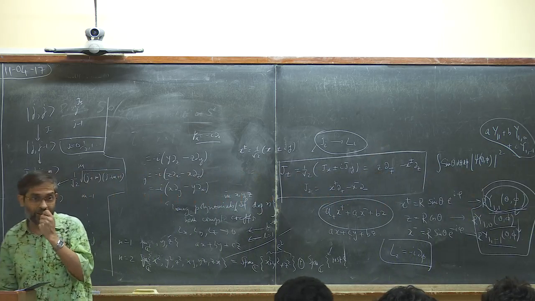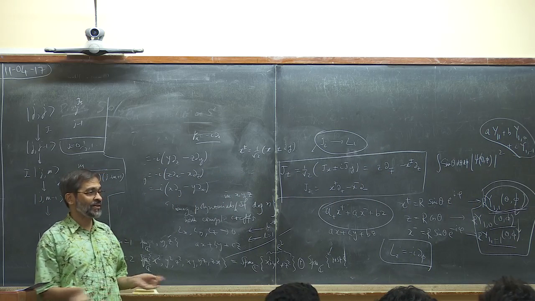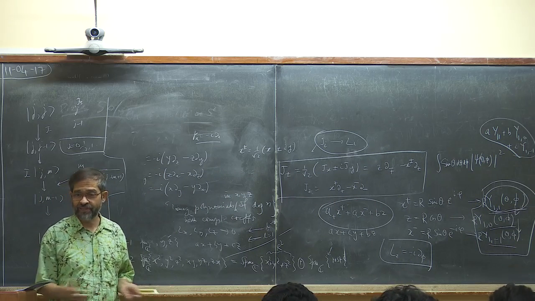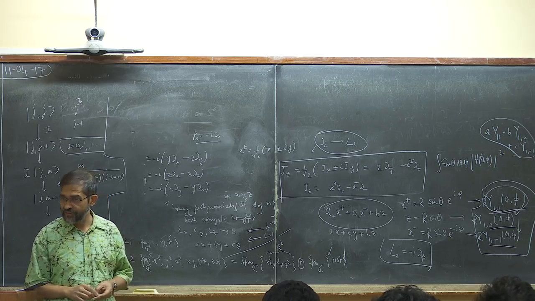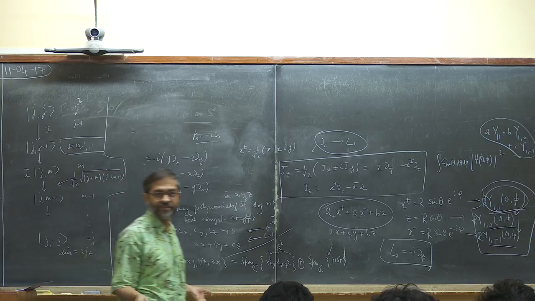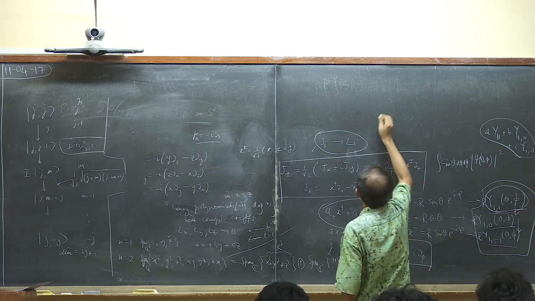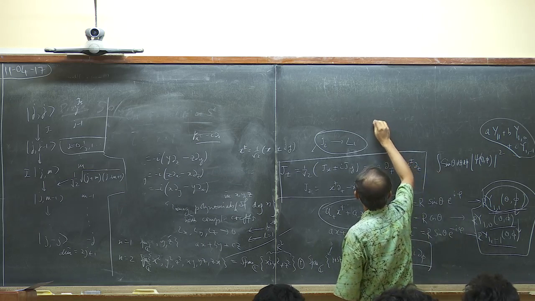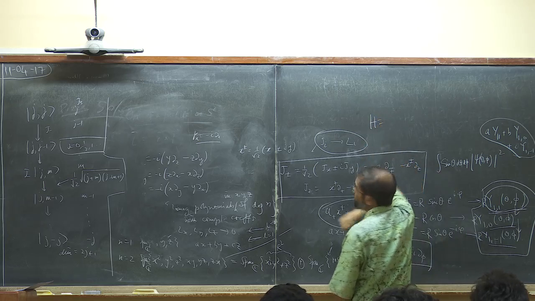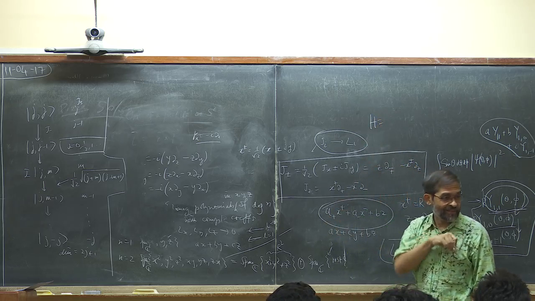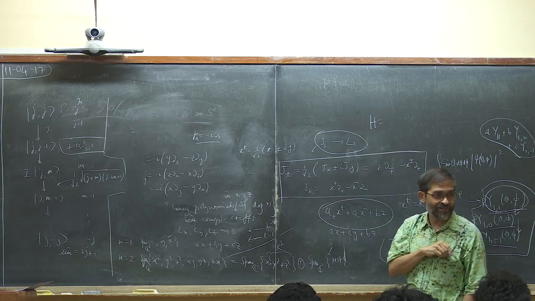You can start from a free particle in three dimensions and write it in spherical polar coordinates. So what happens then? Anybody remember the Hamiltonian for a free particle in spherical polar coordinates?